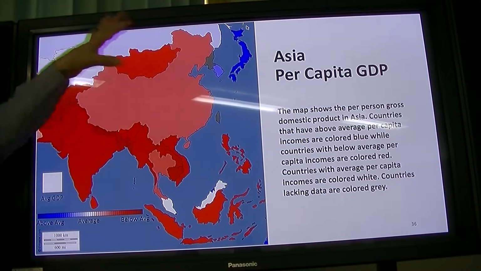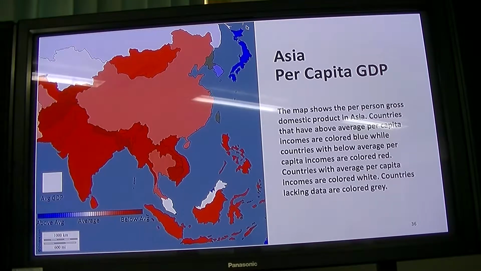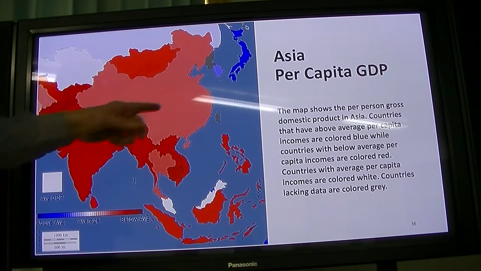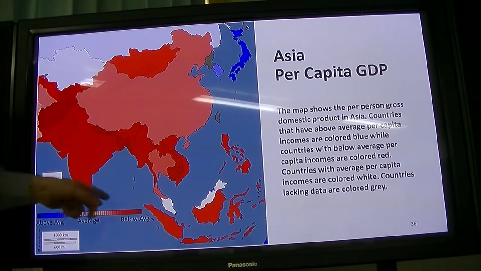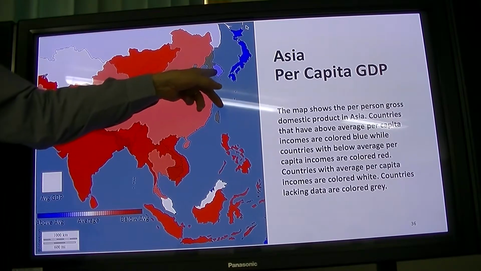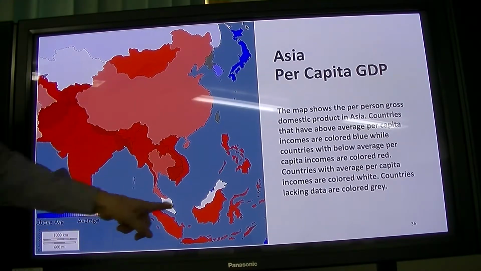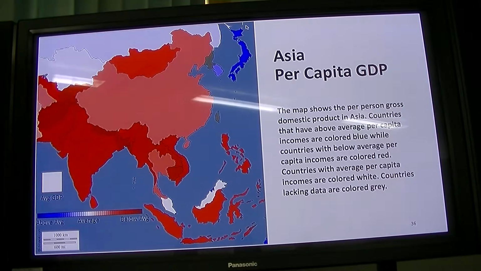And in the big picture, Asia is still relatively poor, and you can see how Japan, which is one of the wealthiest countries in the world, is right near the top. Korea, not quite as much, but still well above average, and certainly how these two countries stand out.